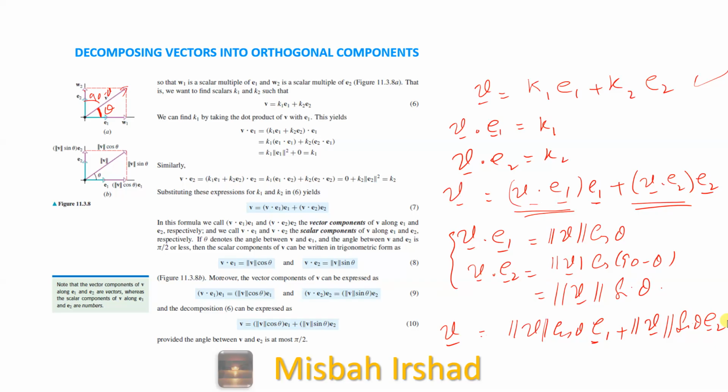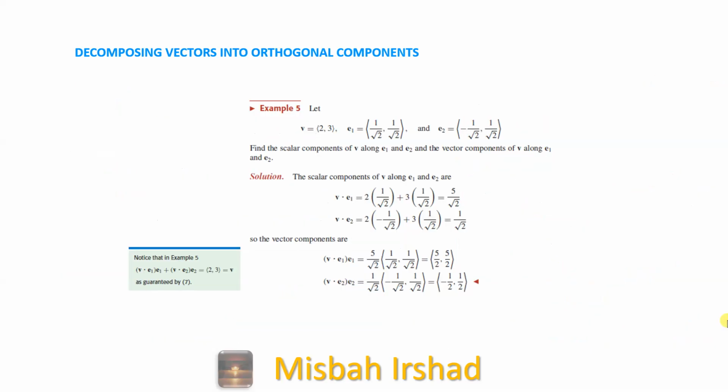And the angle between E1 and E2 is pi by 2, that is, they are perpendicular to each other. So this is the decomposition of a vector into orthogonal components.